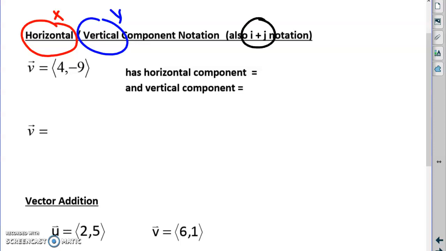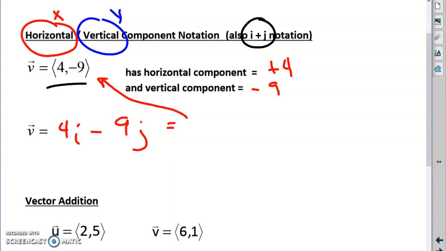So in other words, vector v, 4, -9, has a horizontal component of +4. It has a vertical component of -9. So it can be written as 4i minus 9j. Me personally, as you will probably throughout this unit, if we're given a vector in IJ form, we'll convert it back to component form. Much handier.